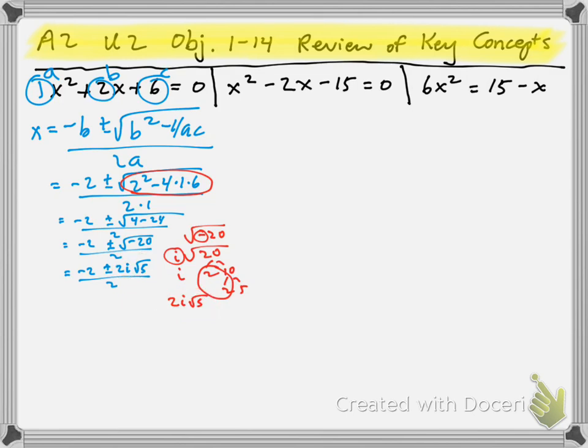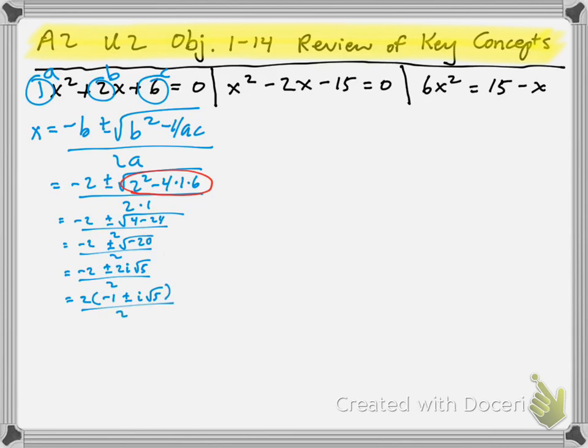So that's part of the process of being able to solve a quadratic equation. And then we can factor out a 2 from the numerator. We get negative 1 plus or minus i radical 5 all over 2.